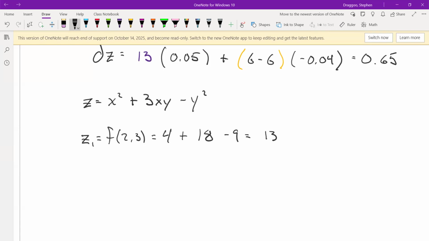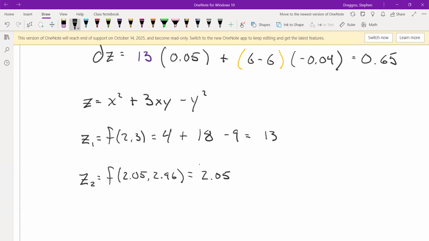No relation to the 13 above. That's just crazy random happenstance. But then to get z2, I need f of 2.05, 2.96, which of course is 2.05 squared.